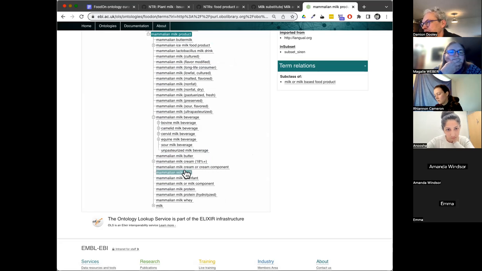Like we're allowing that these be top level curd, protein, whey, all of these products are our top level if we take the milk ones and pop them underneath this mammalian milk.